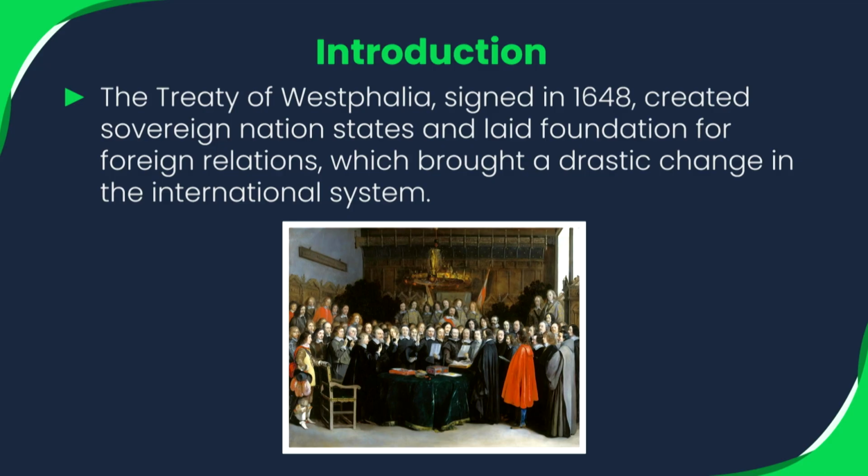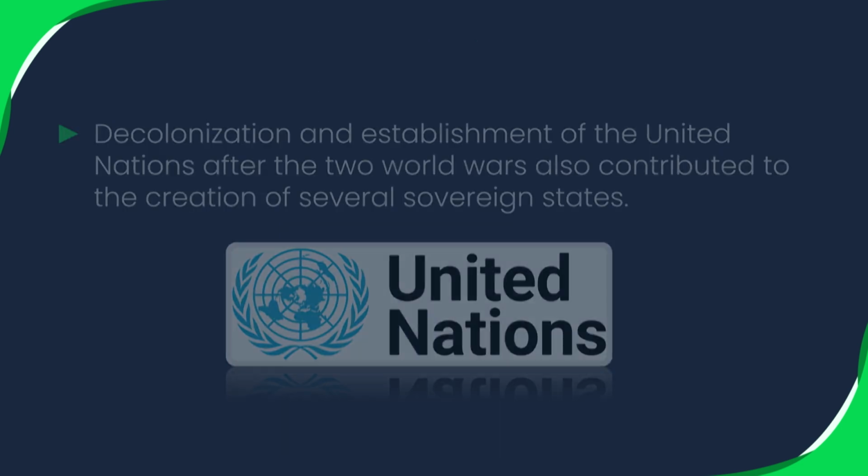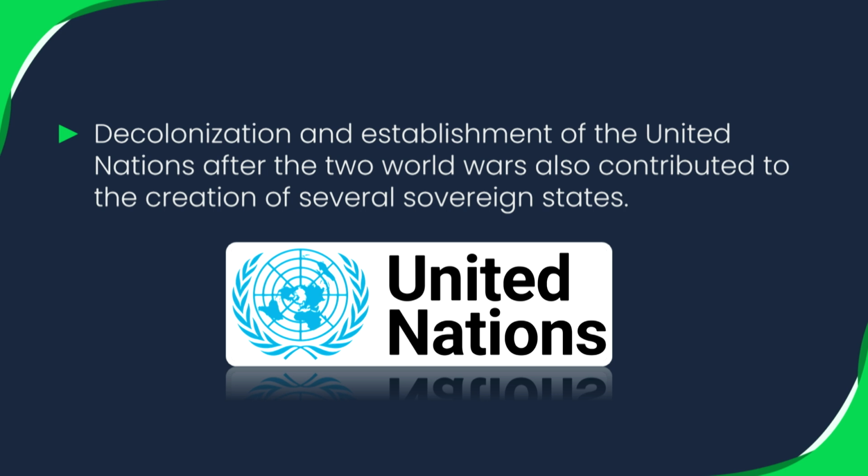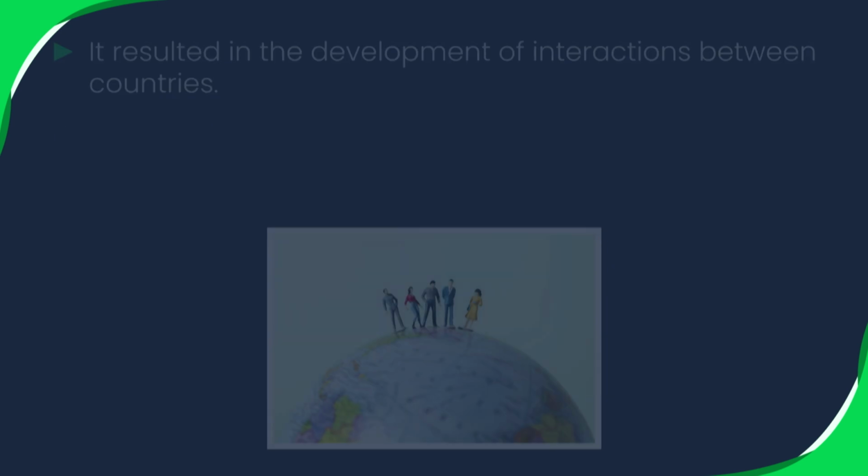The Treaty of Westphalia, which was signed in 1648, created sovereign nation states and laid the foundation for foreign relations, which brought a drastic change in the international system. Decolonization and establishment of the United Nations after World War I and World War II also contributed to the creation of several sovereign states.